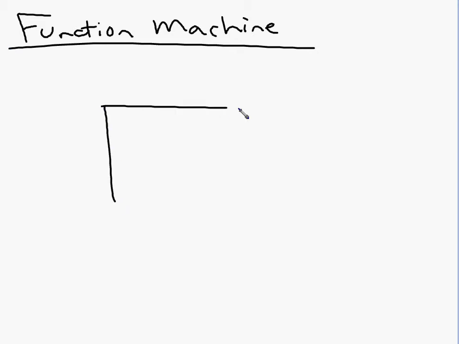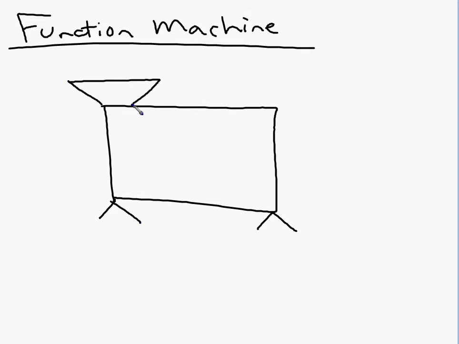I just usually make a box, put some very simple legs on it, like that. And up at the top, I put a little hopper, or a little funnel at the top. And then at the bottom, I kind of draw a little spout, like this. Okay? Funny looking machine, I know, but that's okay, it works.